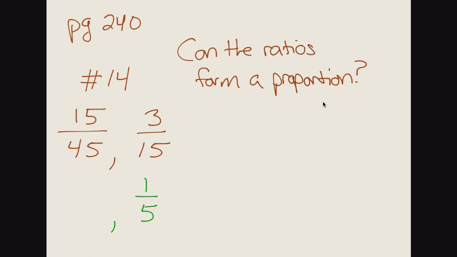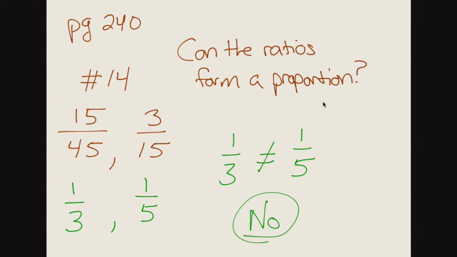So it would be 1/3. Now, if these ratios could form a proportion, they would have to be equal. So Katie Fady, does 1/3 equal 1/5? No. So because 1/3 cannot equal 1/5, the answer to this question, can the ratios form a proportion? The answer is no, they cannot.